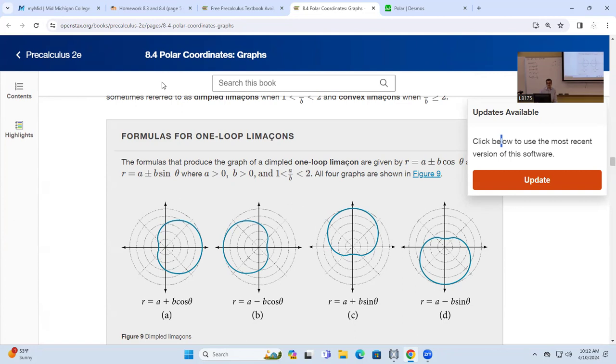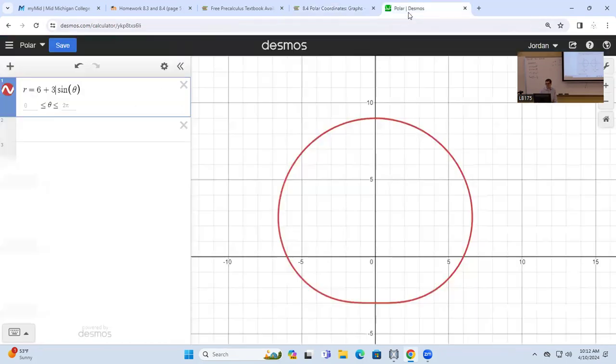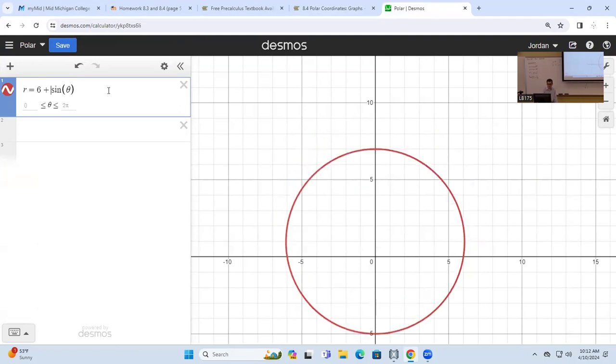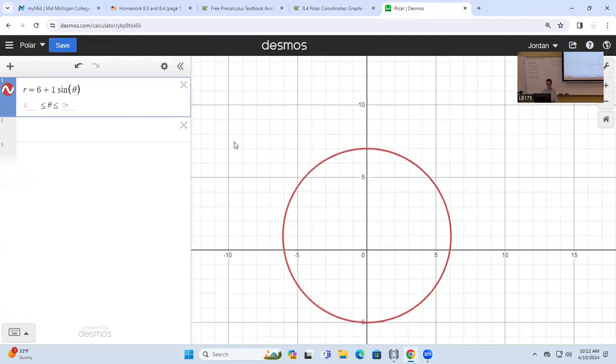And sometimes, if the ratio is too large, you don't even really see the indentation. That makes sense. There's no real visible indentation there.